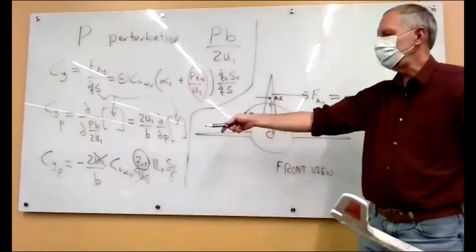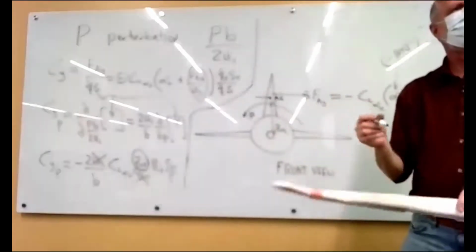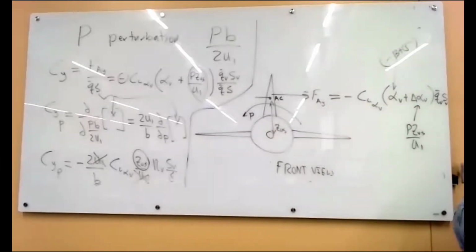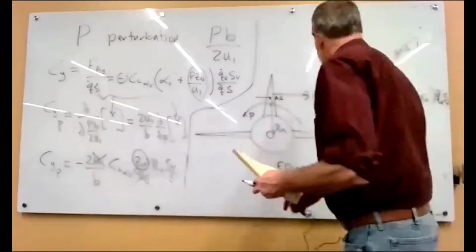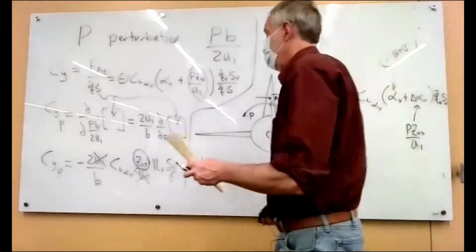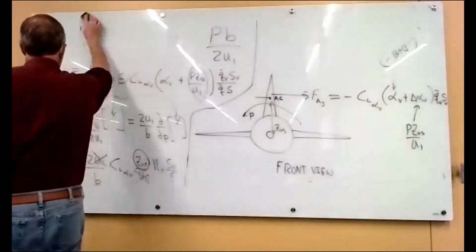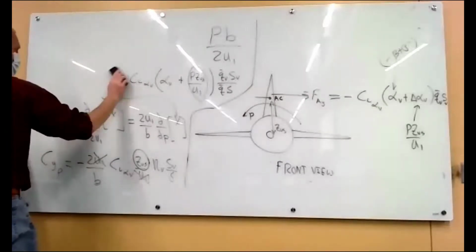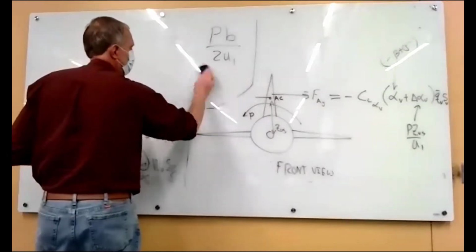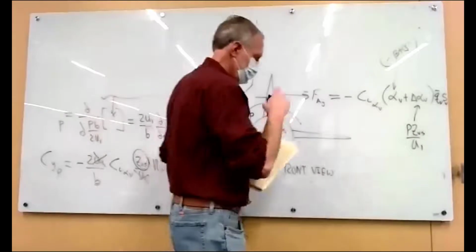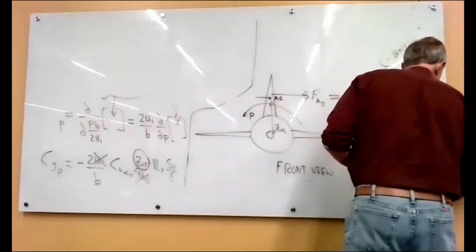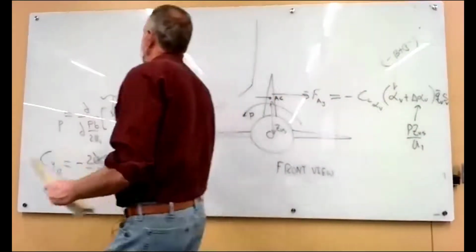So the effect is just multiplied by the moment arm to give you the effect for yaw and roll. So those are easy. So again, now we're still just talking about the vertical tail effects.